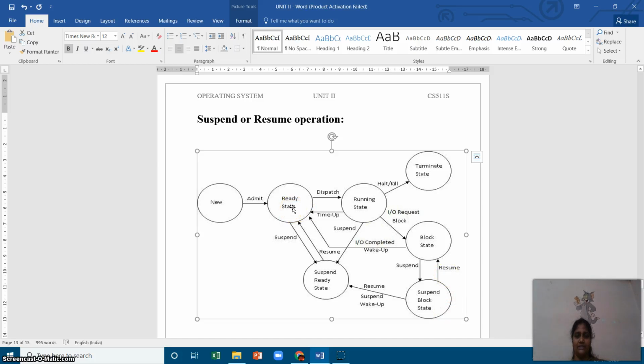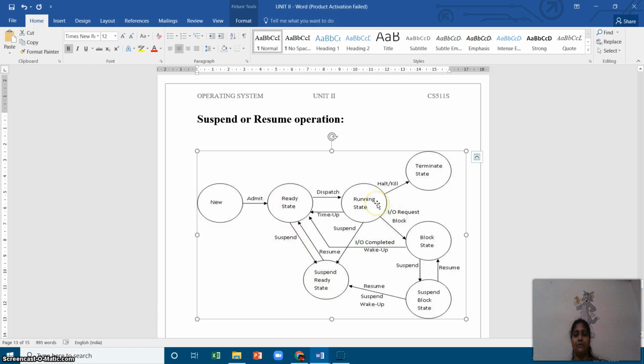If a process is going to be suspended in your ready state or in your running state, it will be coming to your suspended ready state. So why does it have to be suspended? If there is not enough space in your ready state, or if any process has to be executed immediately in your running state, then the process which is in the ready state will be coming to your suspended ready state.